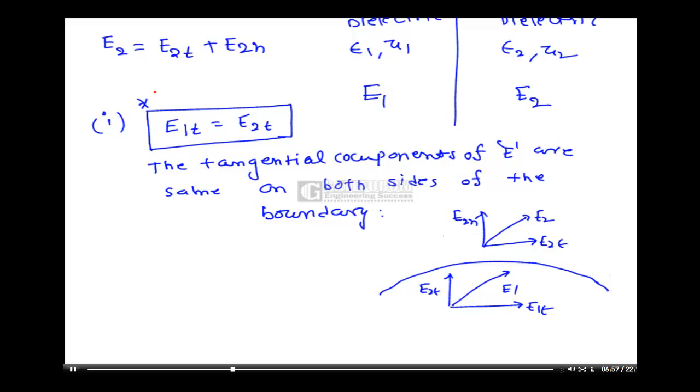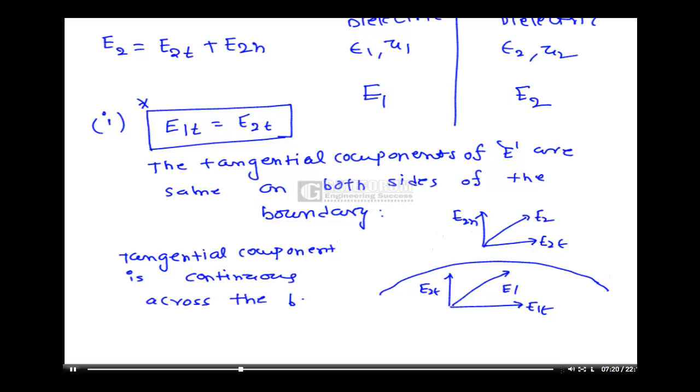That is, the tangential component undergoes no change at the boundary and is said to be continuous across the boundary. So E1T is equal to E2T.